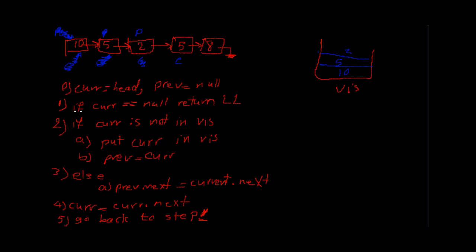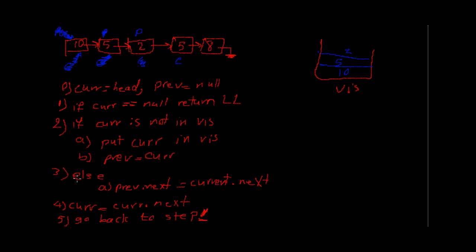So step 1 again says that have we reached the end of the linked list? It says no, so we're going to execute step 2, which says if current is not in visited. But here the visited list includes 5 in it, right? So we have 5 and the current is 5.